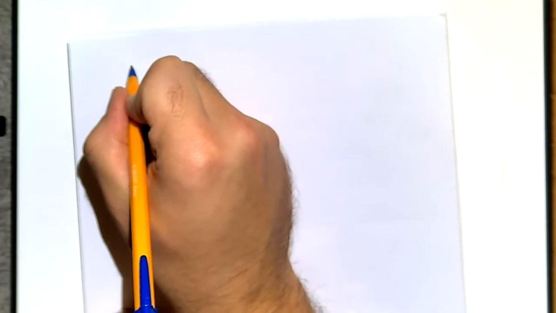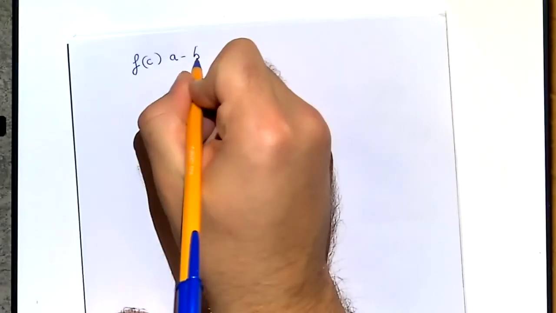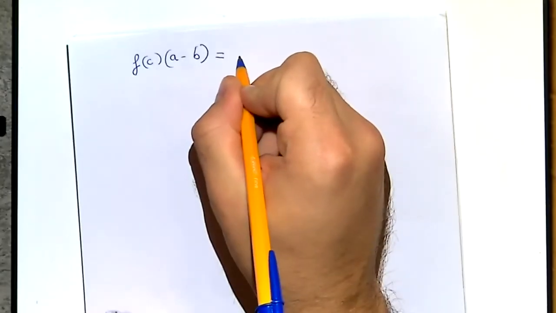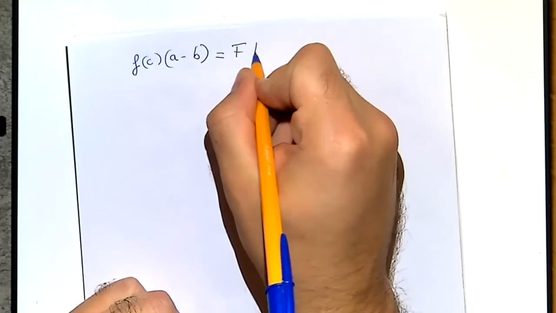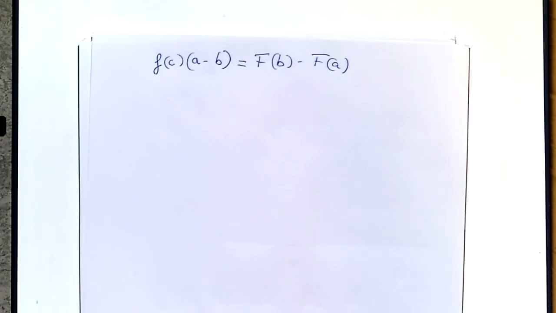And now there's a trick that I can do with the values up top, or in the limit theorem. But the basic thing that you're going to get if you play with them, and I'll just write it out, is f of c times a minus b is equal to F of b minus F of a. I know we jumped a little bit fast, but I don't really want to go into the specifics of playing with the derivatives.